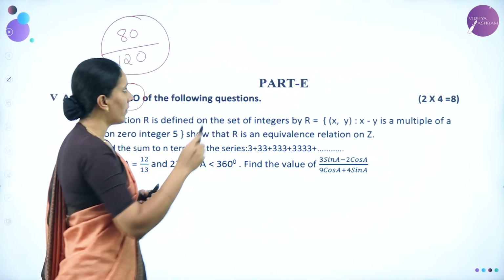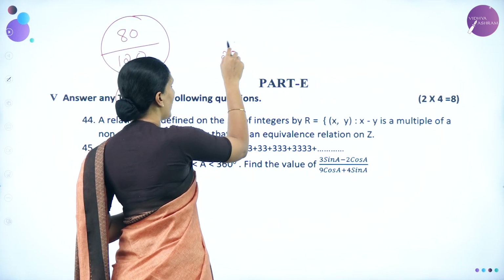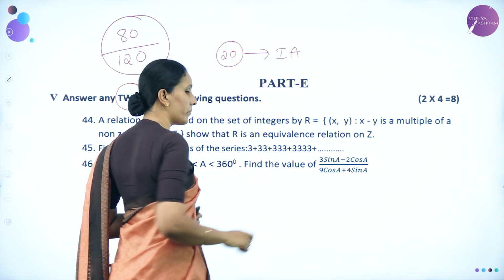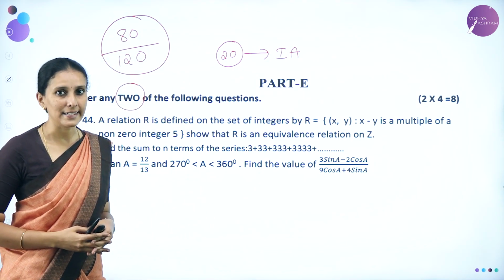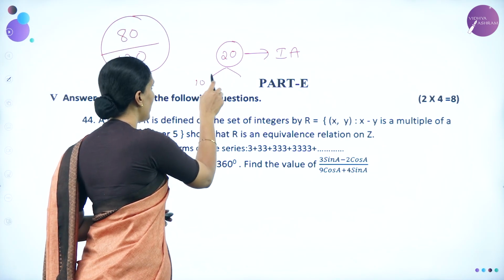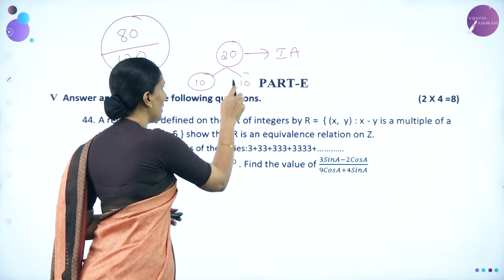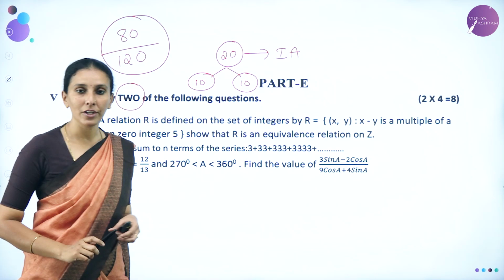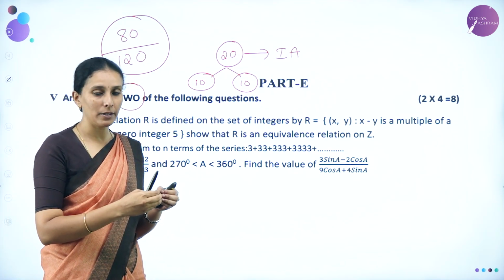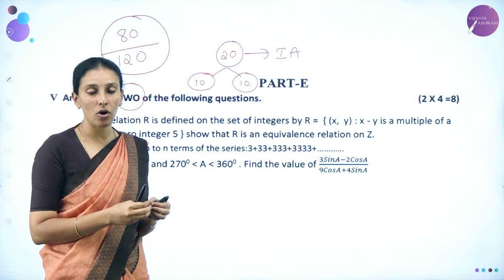Now, the remaining 20 will be calculated in terms of internal assessment in your school or college itself. That internal assessment is divided into 10 and 10. 10 marks is the average of all the tests and midterms prescribed by the board or by your college.